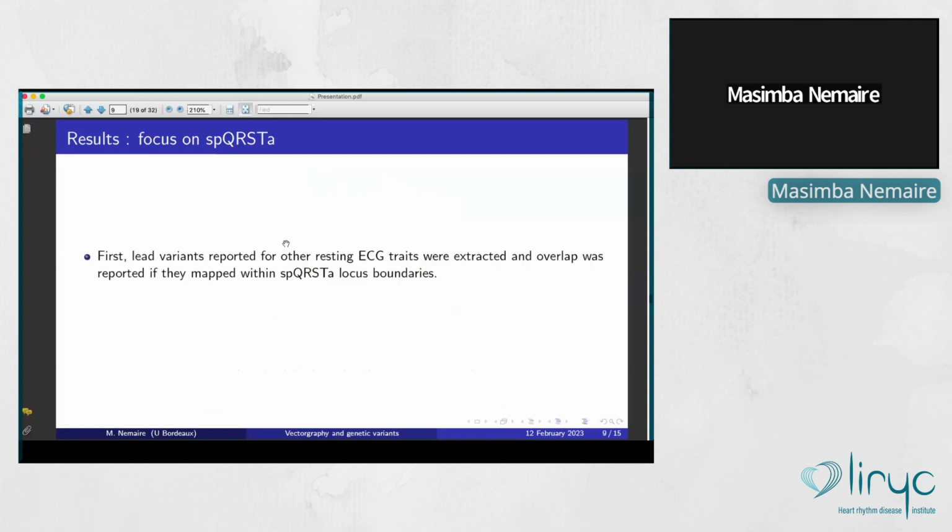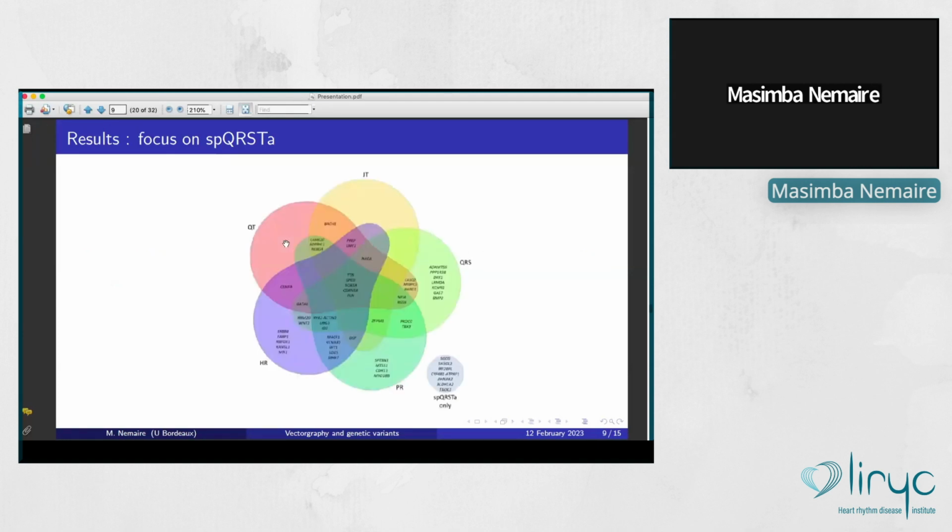So they then looked at the genes from other meta-analyses and genome-wide association studies that tried to link gene expression or gene variants with the phenotypes of the ECG. And this is what they found.